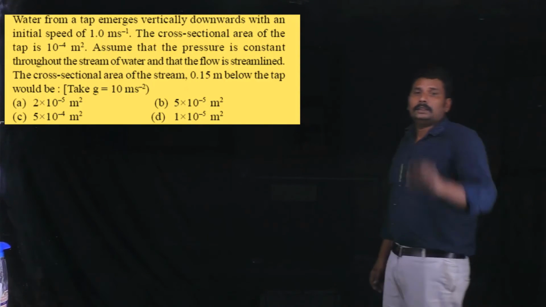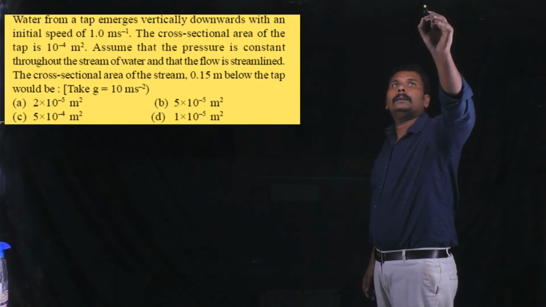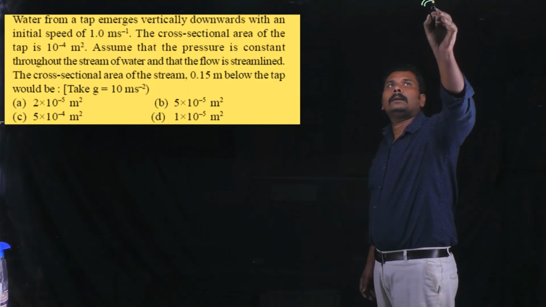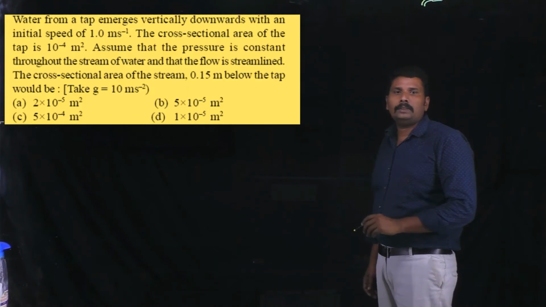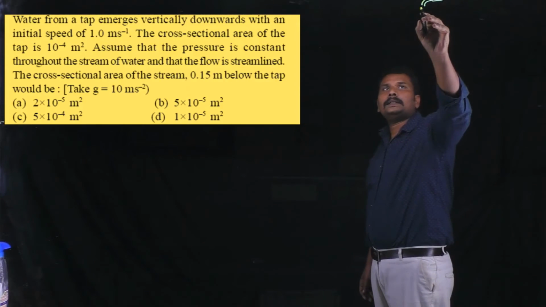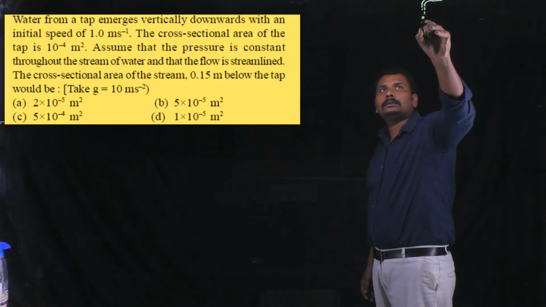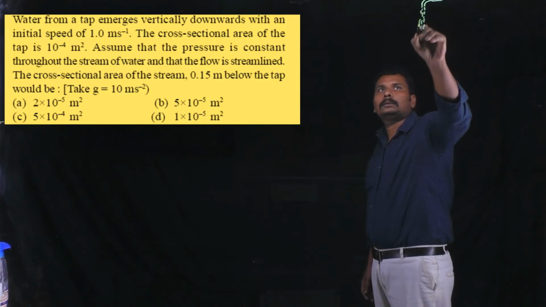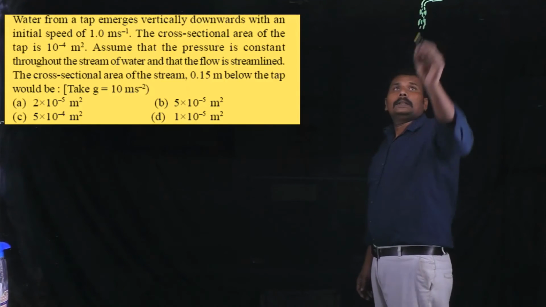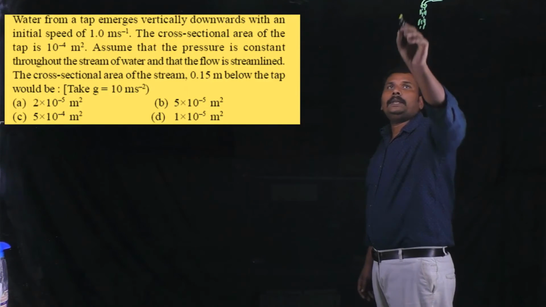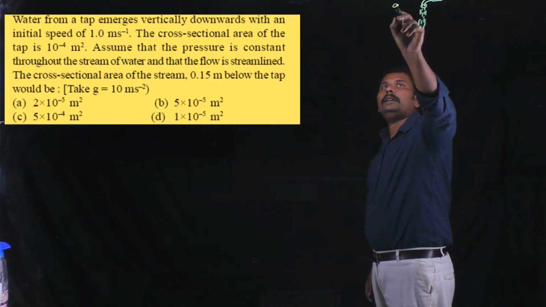Here there is a tap like this. From this tap the water comes out. Okay, the area of cross section of the tap is some A1.